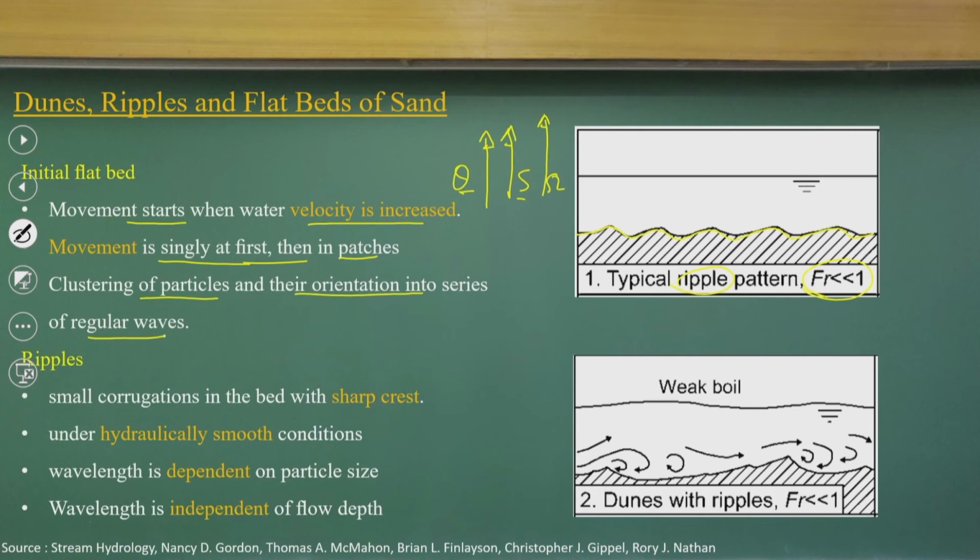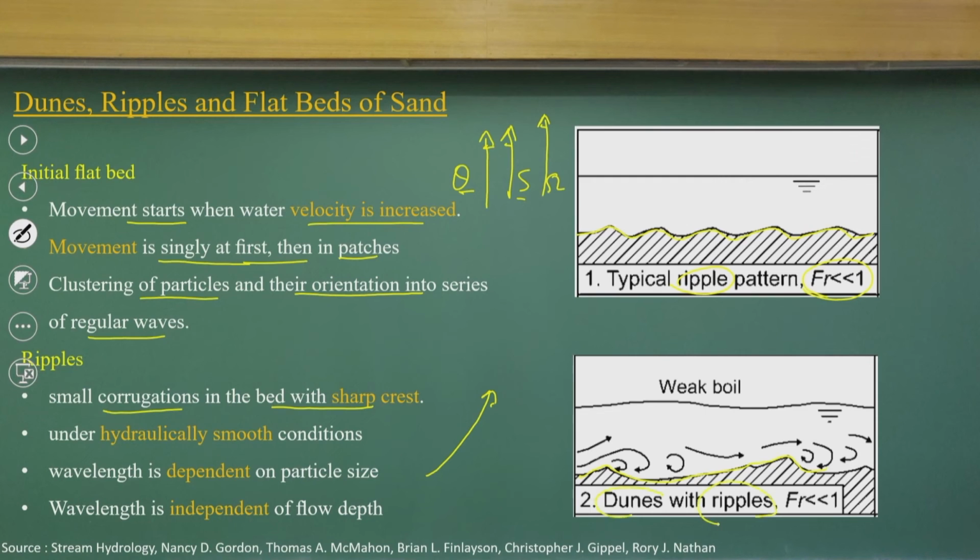Initial bed forms, then we will have a series of ripple forms, the smaller congregations in the bed with a sharp crest. If you have a further increase of the flow, ripples will form like this. So, that was the dunes with ripples.